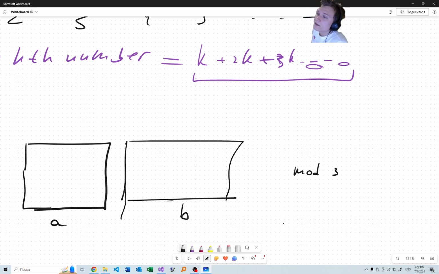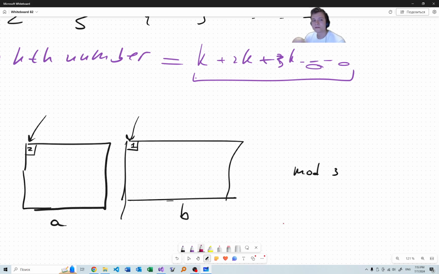Let's try and make the elements equal one by one. For example, let's guarantee that this element is equal to this element. How to do that? If they're already equal, for example, 1 and 1, then you don't have to do anything. However, it might be that here we have an element 2.